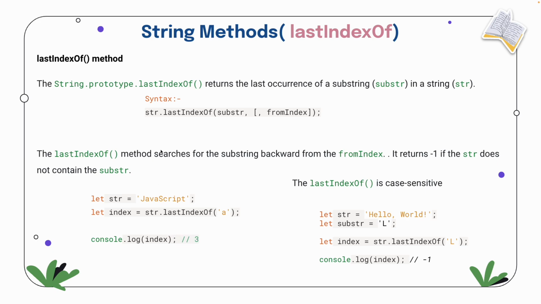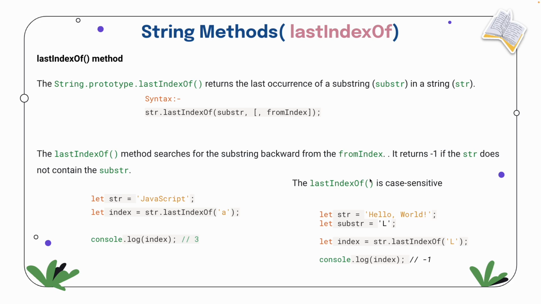Okay, so this is lastIndexOf. Already you have knowledge of arrays, that's why I'm not going into more detail. Here also, see hello world, so this is also case sensitive. I'm trying to search with capital L, but capital L is not there, only small l is there. That's why it's printing -1, because in hello world all the L's are small letters, but I am searching with a capital letter.